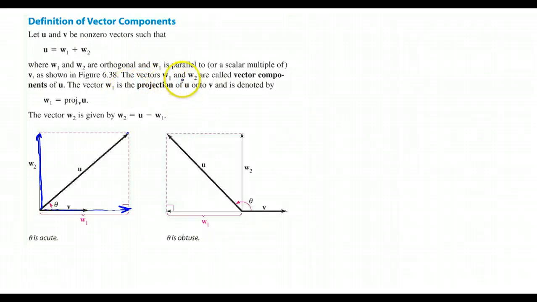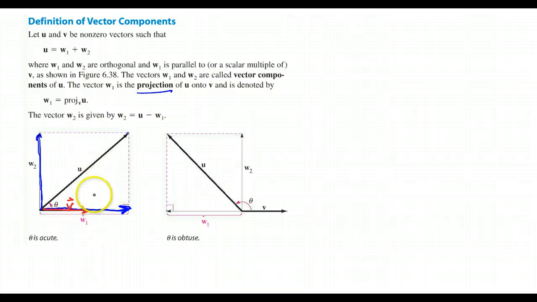Now, vectors w1 and w2 are called vector components of u. And the vector w1, this vector right here, is the projection of u onto v. Now, v is this vector right here. I kind of wrote over it, but there's vector v. And w1 is the projection of u onto v.